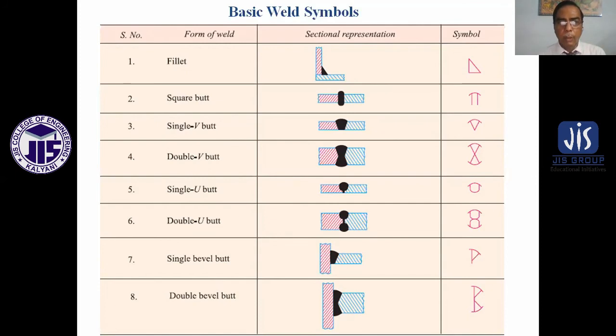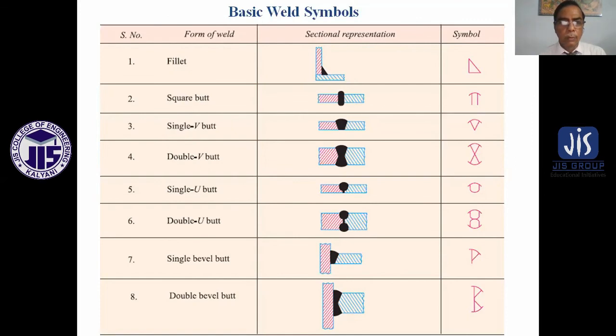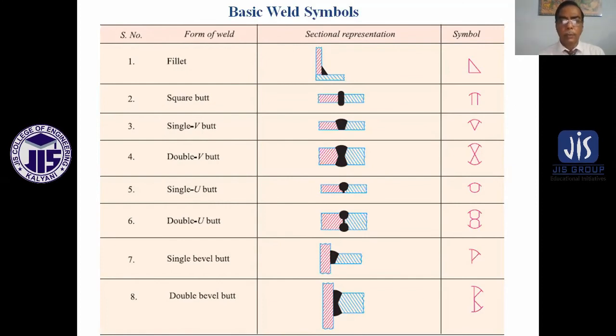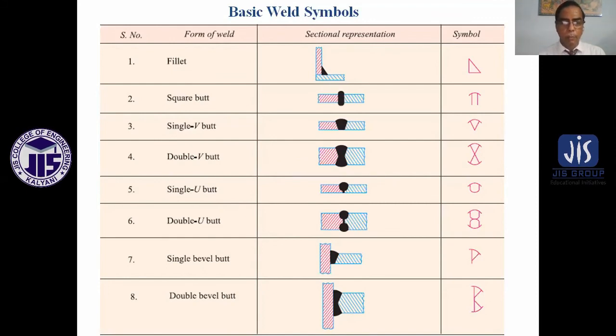Number one is fillet joint. The right side shows symbols: square butt, single V butt, double V butt, single U butt, double U butt, single bevel butt, double bevel butt.